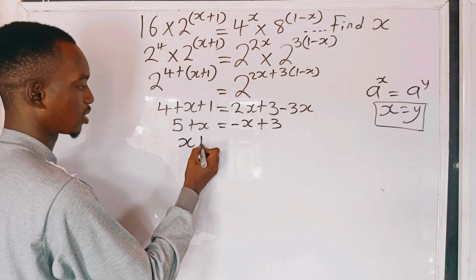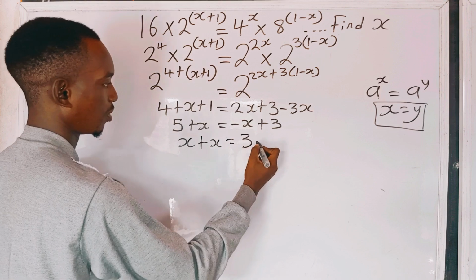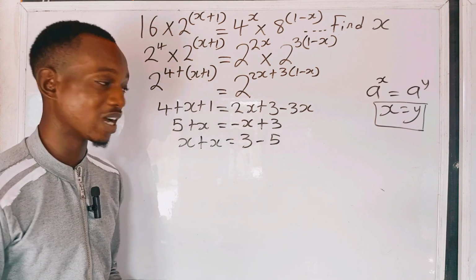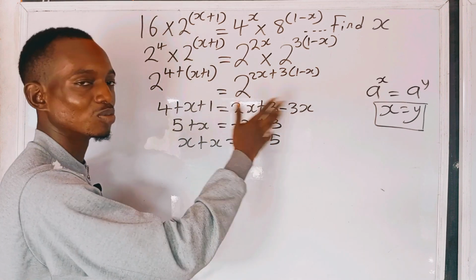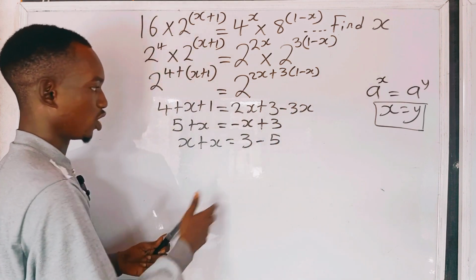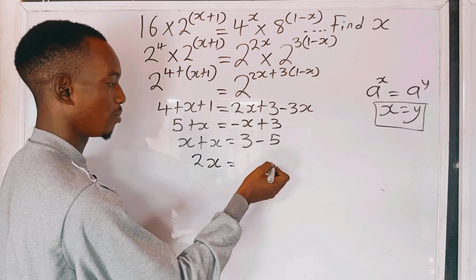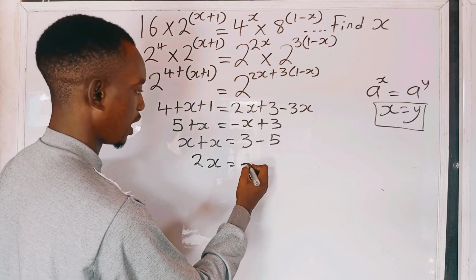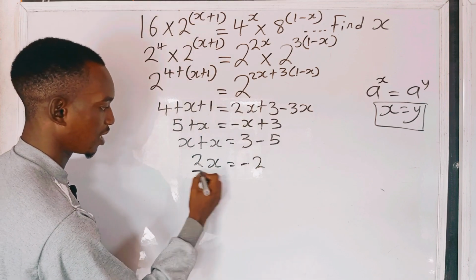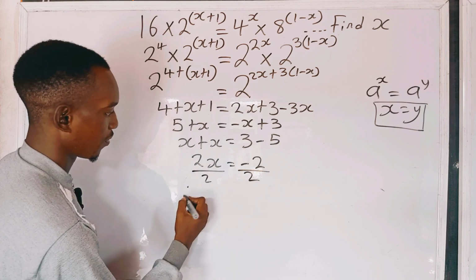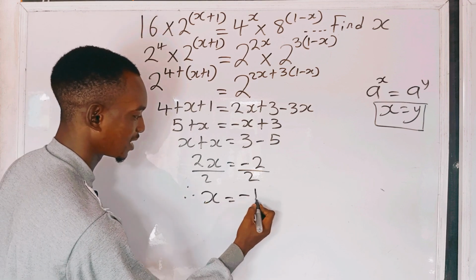So we have x plus x equals 3 minus 5. Whichever way you do it, you can subtract 5 from both sides, or you transpose like this. So x plus x gives us 2x, because 3 minus 5 gives us negative 2. So therefore, dividing both sides by 2, x will be equal to negative 1.